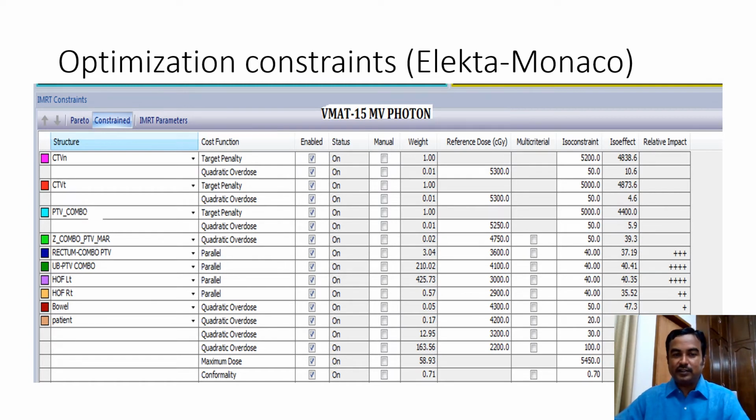But by giving a stringent constraint to the body, we can have control over the low dose spread in the case of VMAT and IMRT. Many planners will be able to achieve the target dose, with 95% going to the PTV, but we have to be equally conscious about the low dose spread in VMAT as well as in IMRT.